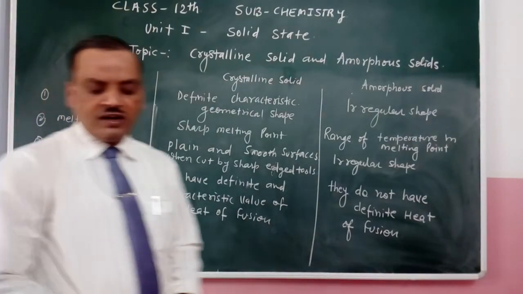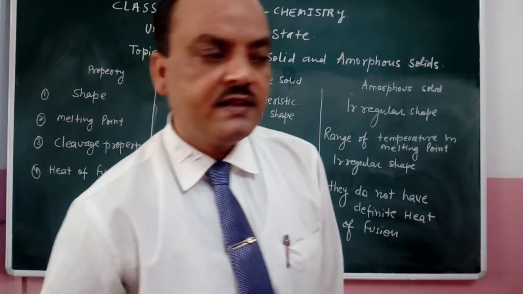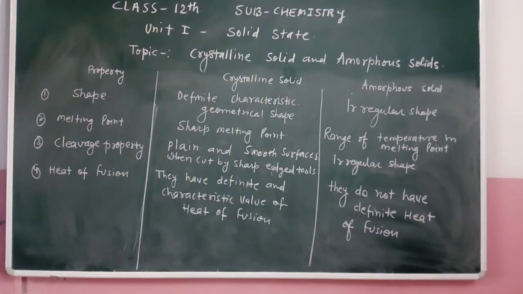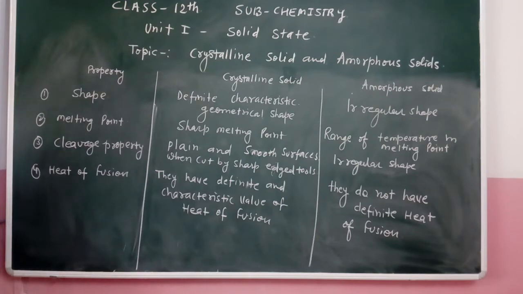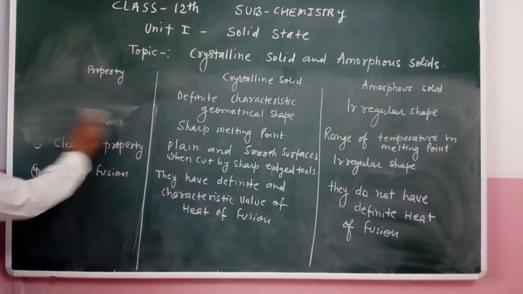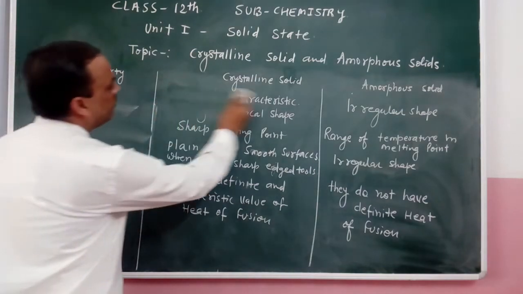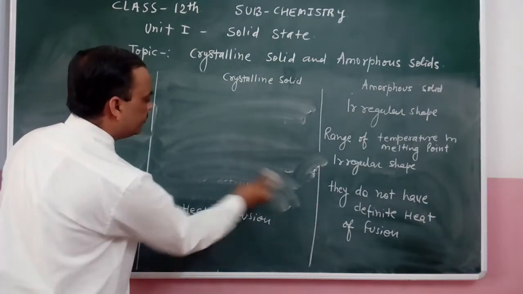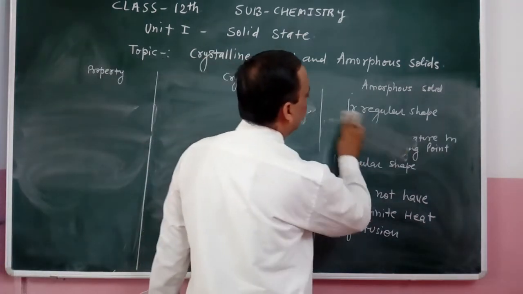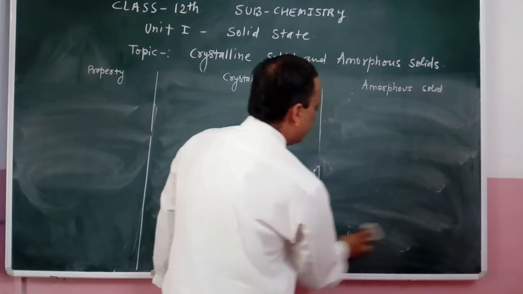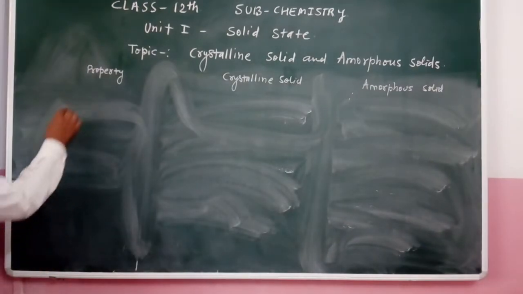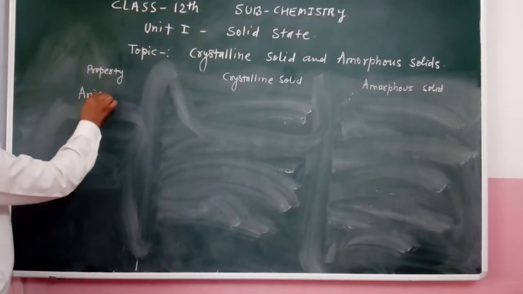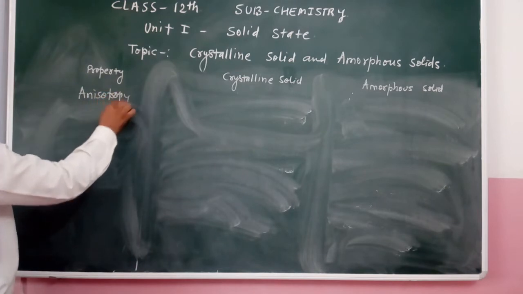So these are the general points involved in the structure of crystalline and amorphous solids. Now it is a very important point. The fifth property is the anisotropic character, and we have to understand this in detail.